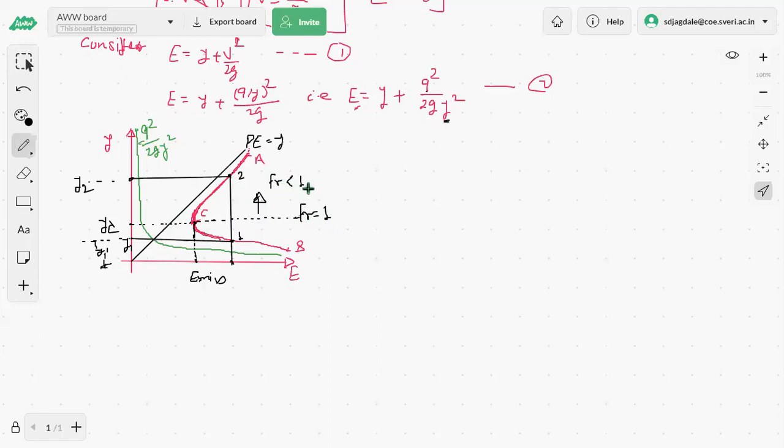That flow is called a subcritical flow. Related to the Froude number 1, this is called a critical flow.